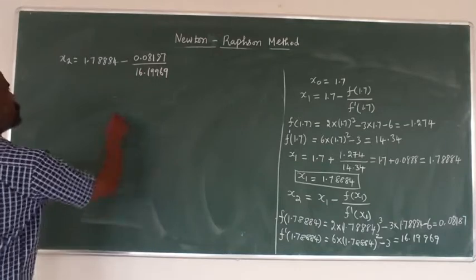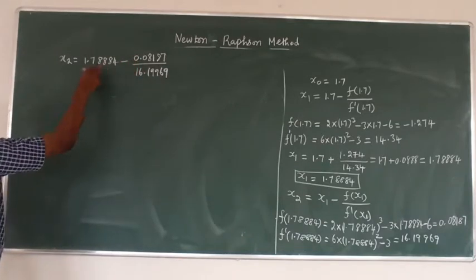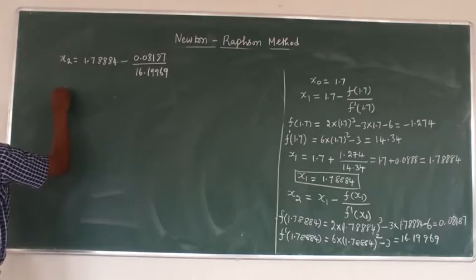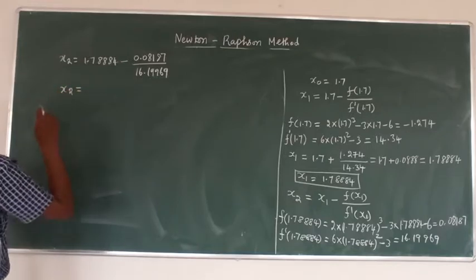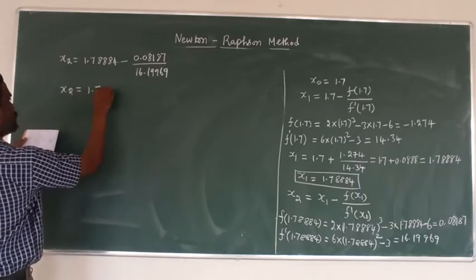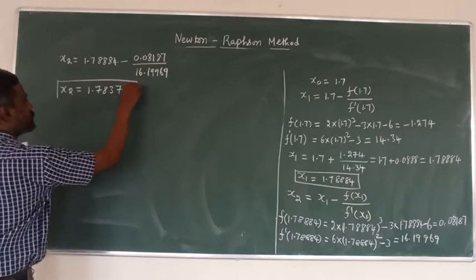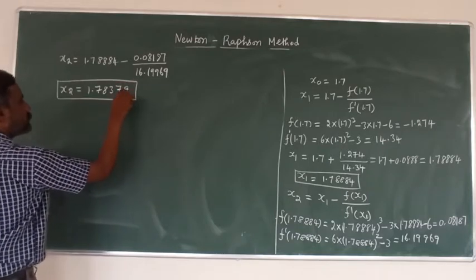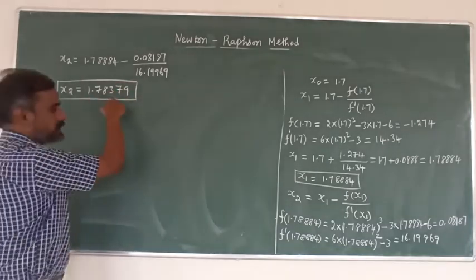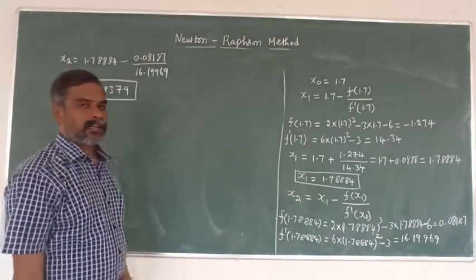Now divide these two, that result subtract with this one, and we can get the x2 value 1.78379. This is for the second iteration. Now the second iteration compared with the first iteration, both results are not the same.